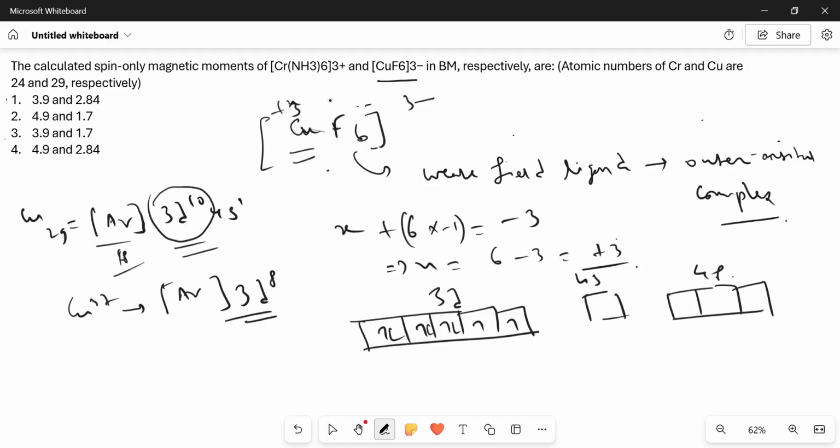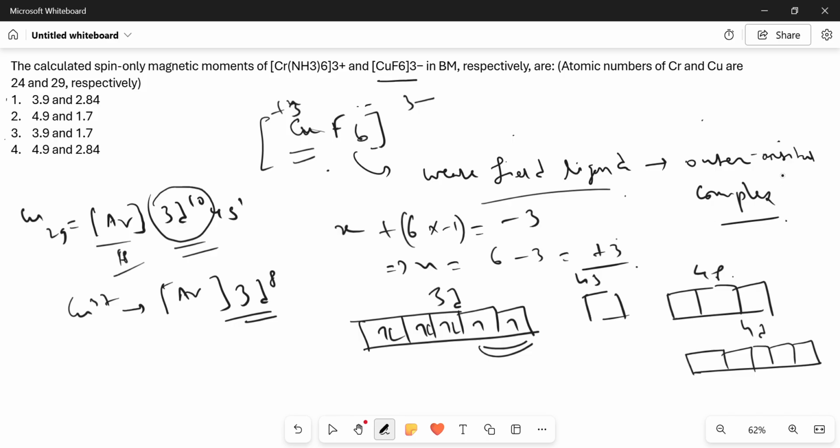Since it is a weak field ligand, an outer orbital complex will form, which means not in the 3d orbital. So there is no chance of pairing of these electrons. Whatever comes will be for the outer d orbital, so 4s, 4p, then 4d will come.